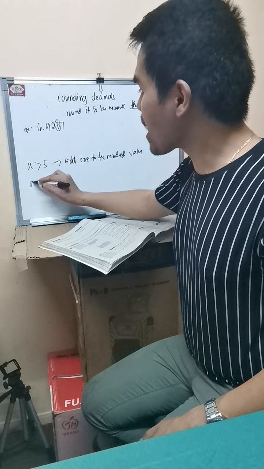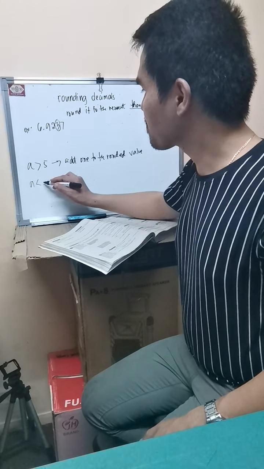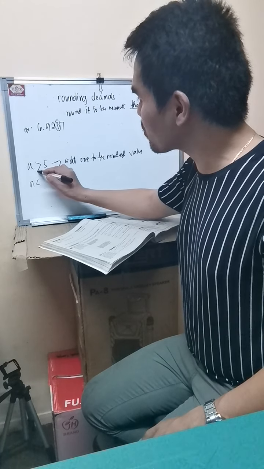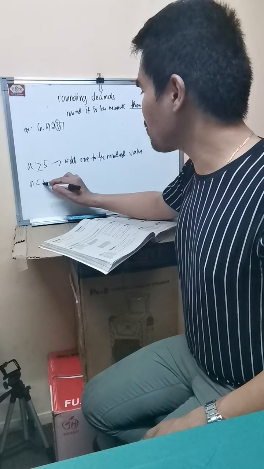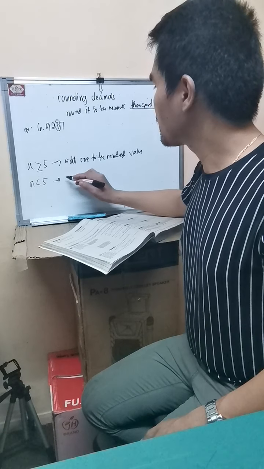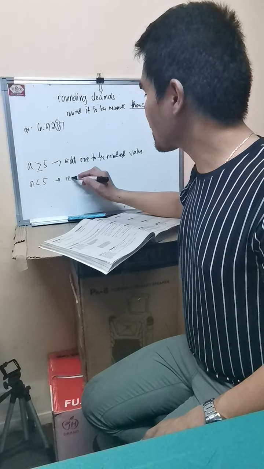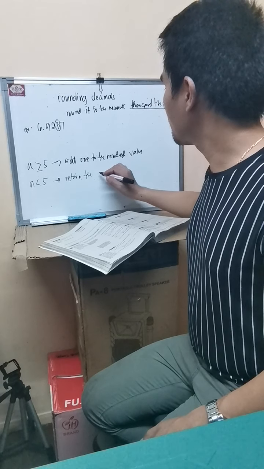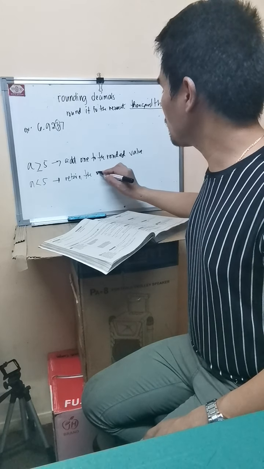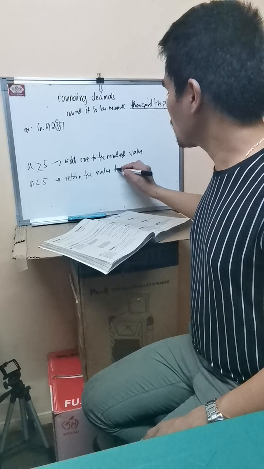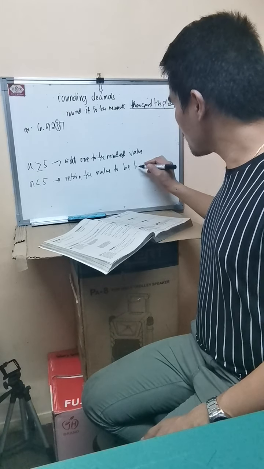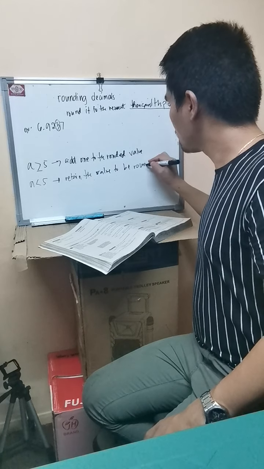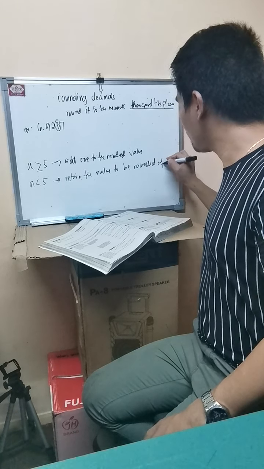And then if A is less than 5, then retain the value to be rounded off.